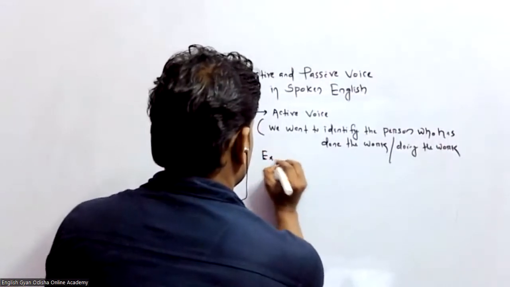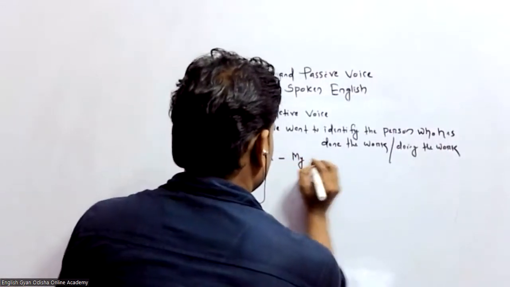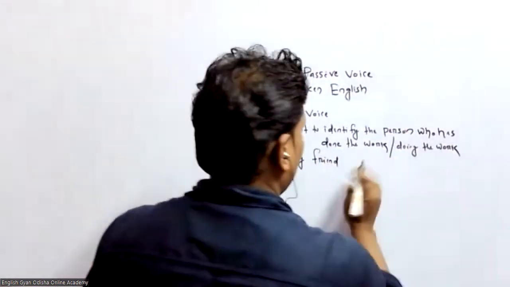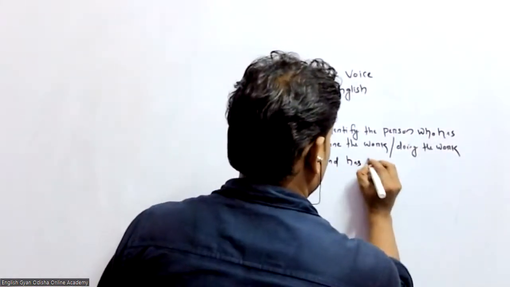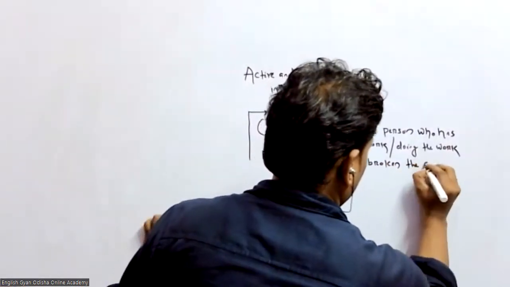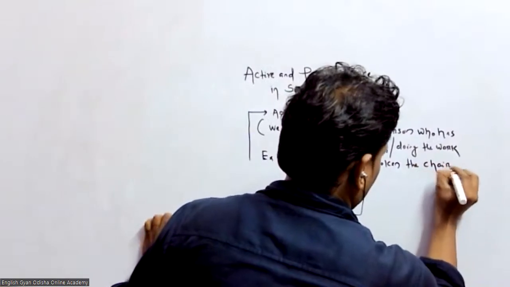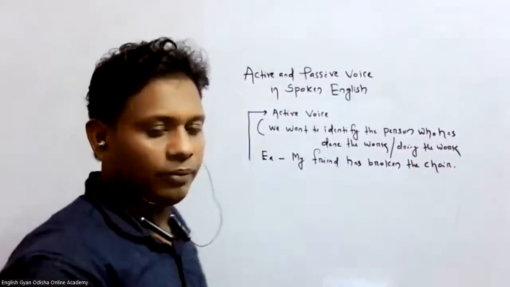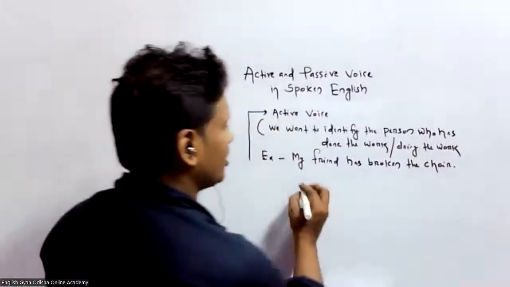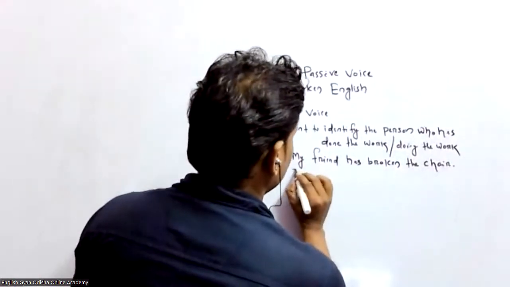Example, my friend has broken the chair. Here I have identified the person. I have already named the person.